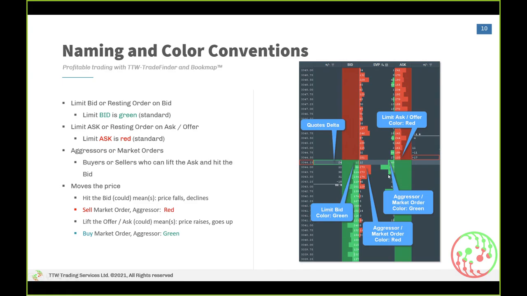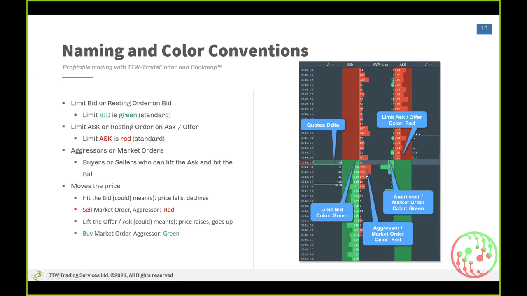As I showed you, the aggressors are colored green, and the limit orders on ask or offer are colored red. That means these greens are buying from red. The sellers sitting on ask are asking this price and they're selling to the greens here. And that's the opposite side of the book.